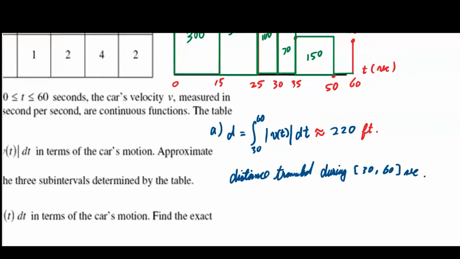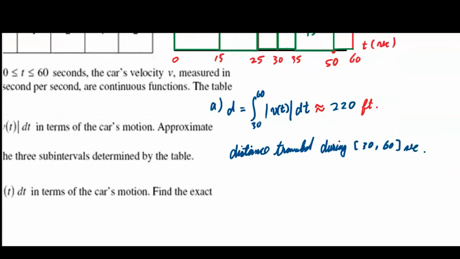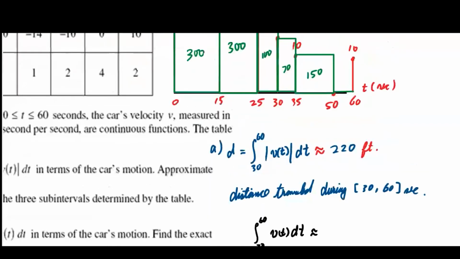Then I have a question. I'm going to change the color. What is this thingy, 30 to 60, just v of t dt, without the absolute value? Number one, what's the value? Displacement. That's the displacement. You get it? This is delta x. And you're supposed to get negative 220 feet.